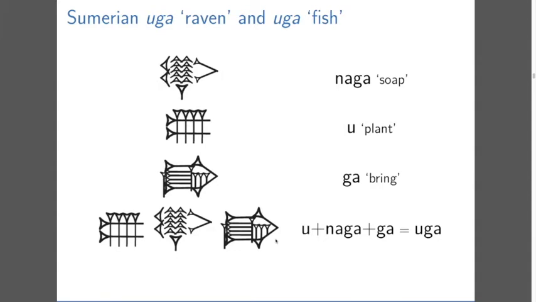And apparently it's naga, but clearly naga and uga don't really sound that similar. So I look for a sign u, and I look for a sign ga, and I put the u in front of naga and the ga afterwards. And then I get this structure, I guess the way to understand it is this sign naga that you know, but you also know has the reading uga. Well, in this context, read it uga because I put a u in front of it and a ga after it.